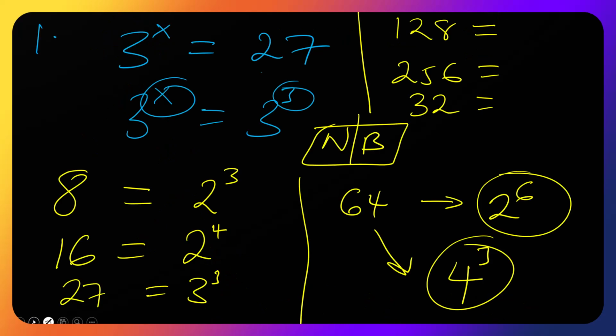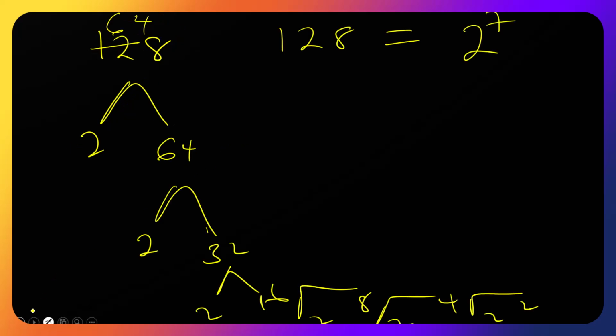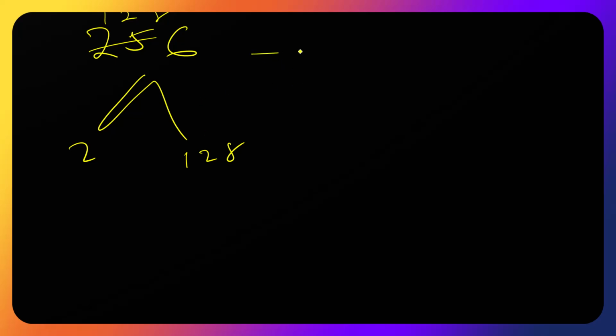Now let's look at 256. Since 128 is 2 to the power of 7, this one will just add one more 2.